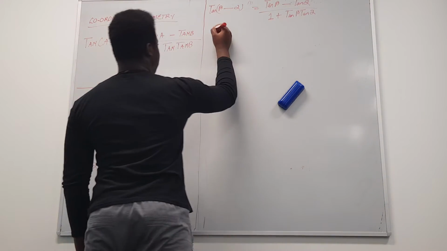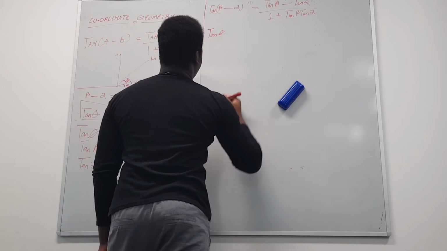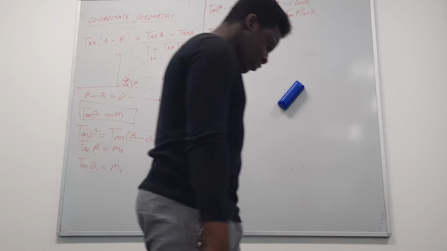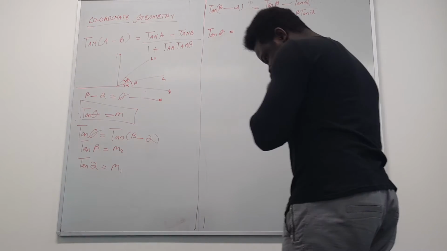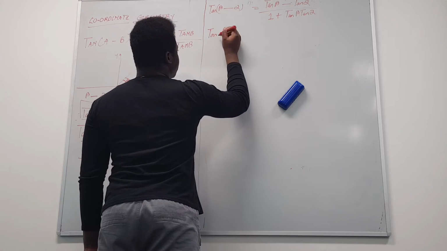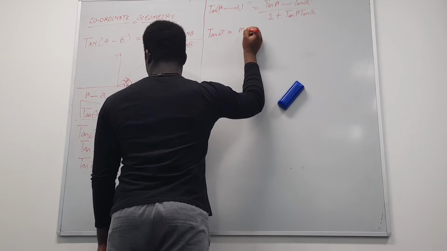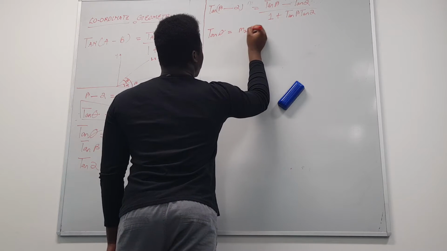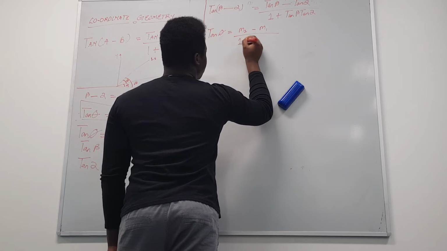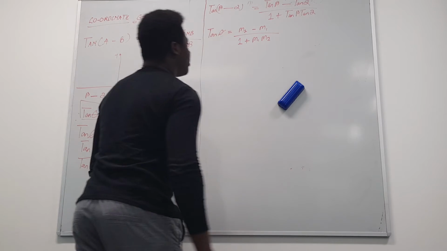So I have that tan phi, where phi is the angle between line 1 and line 2, is equal to... So that's the case.